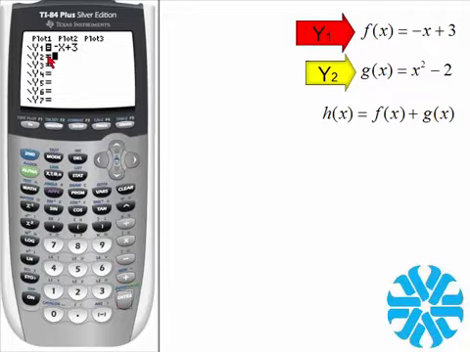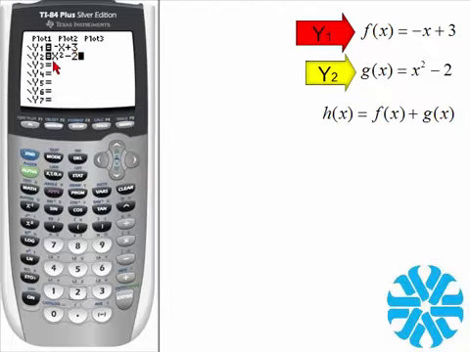Okay, and that moves down to the next line, or you could use the arrow key to go down. Doesn't matter. And then the y2, remember, is representing g of x, and that is x squared subtract 2.